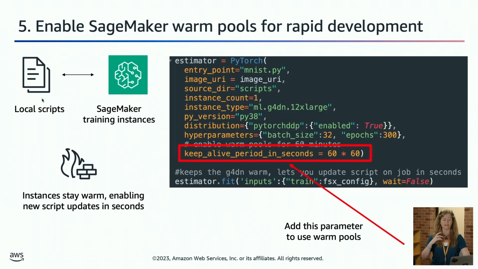So while you're writing your local scripts, you're doing, again, basic develop and test. You have these forward and backward passes, this training loop that's running on your SageMaker training instances when you want to scale it on AWS. When you add this new parameter, keep alive period in seconds, your instances actually stay warm.